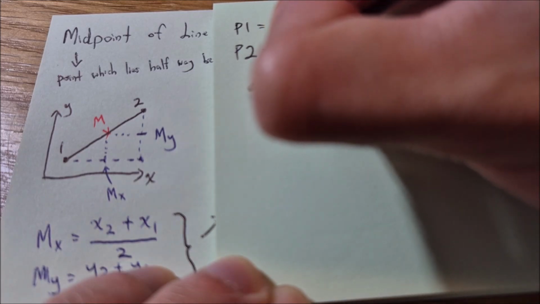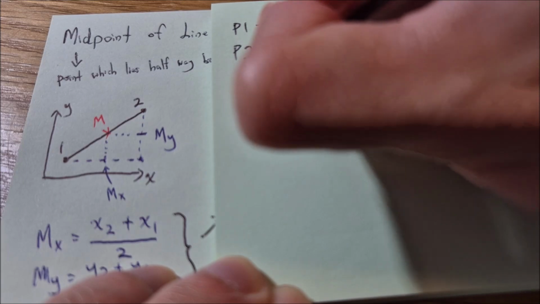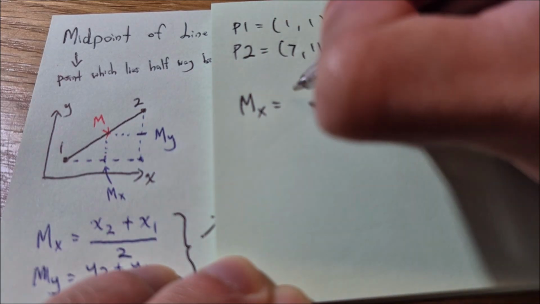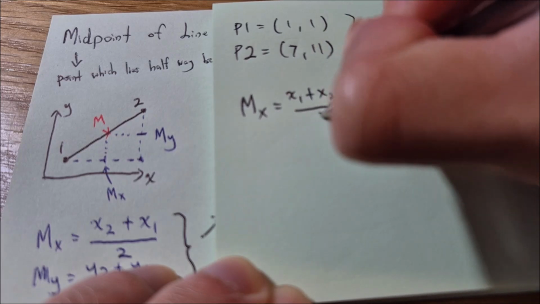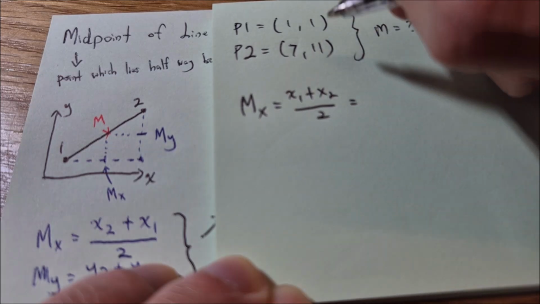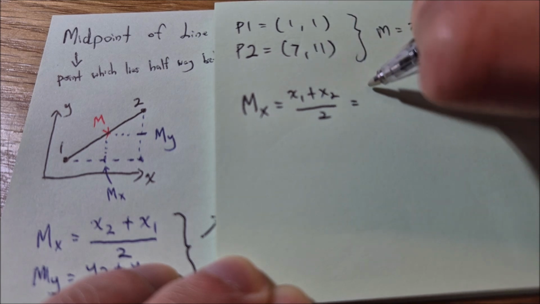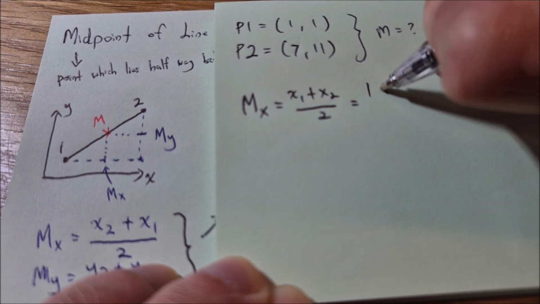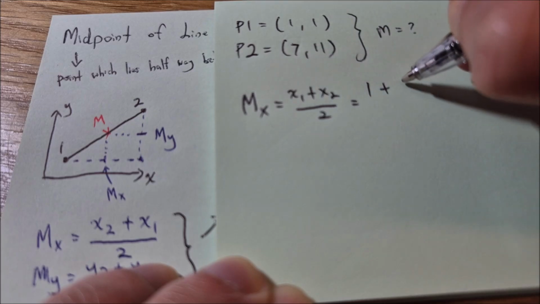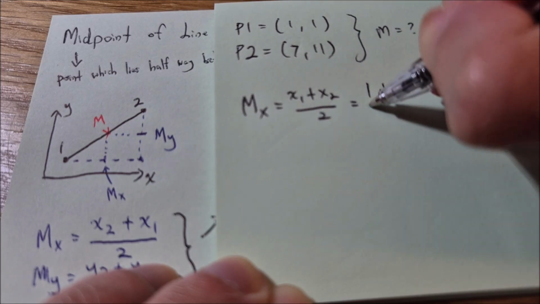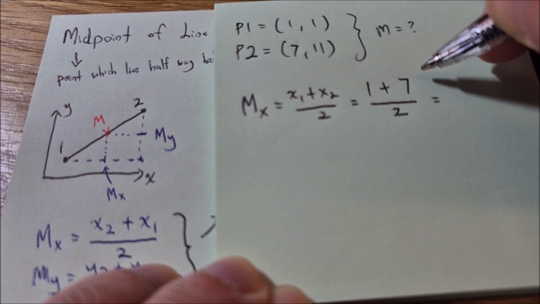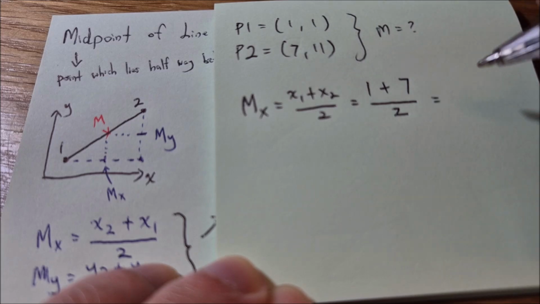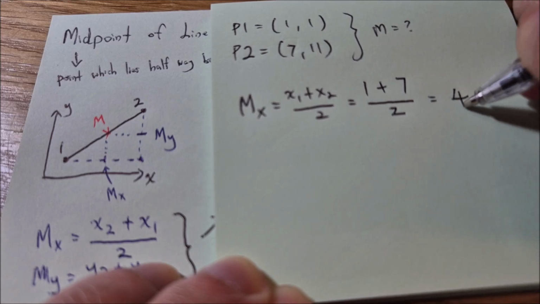Our midpoint in the x direction, or Mx, will be x1 plus x2 divided by 2. Our x1 is 1. Our x2 is 7. And then we divide that by 2. So 1 plus 7 is 8. Divide by 2, which gives us 4.